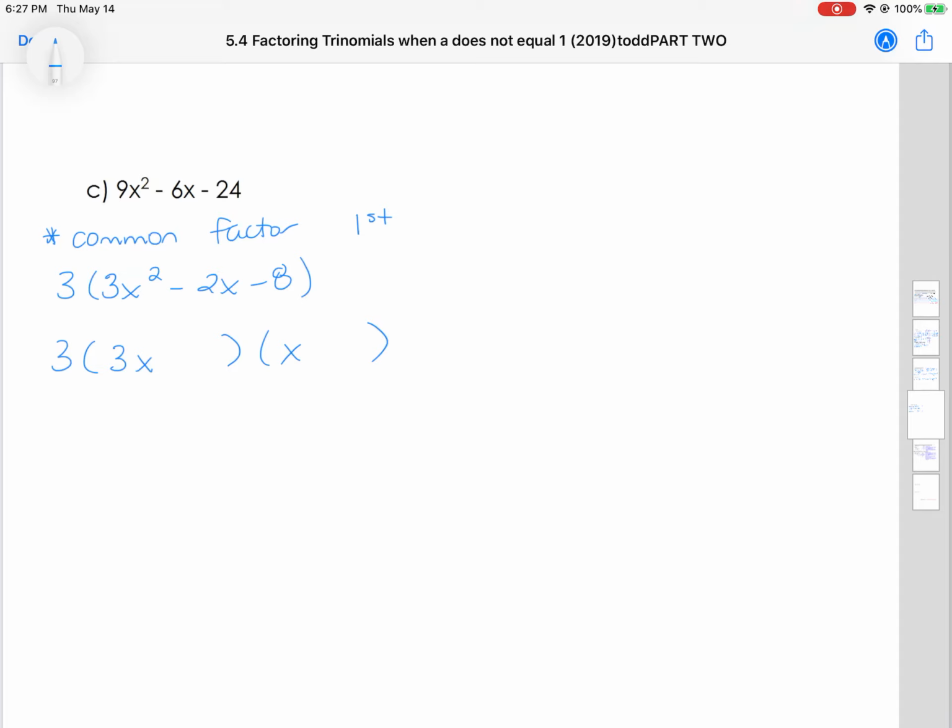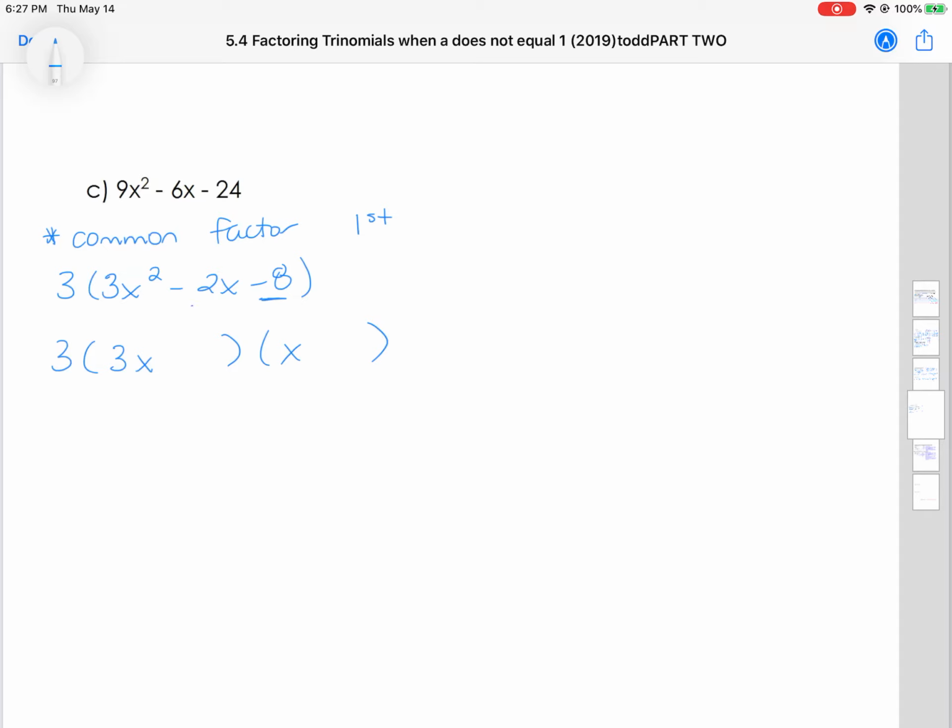Or actually, so we've already decided the 3, so you can just do 2 numbers that multiply to negative 8 and add to 2. So when it's easy like this one, when you've got 3x at the start, which only has 2 multiples, and we've already decided where they go, you can streamline your process a little bit and just focus on these ones.